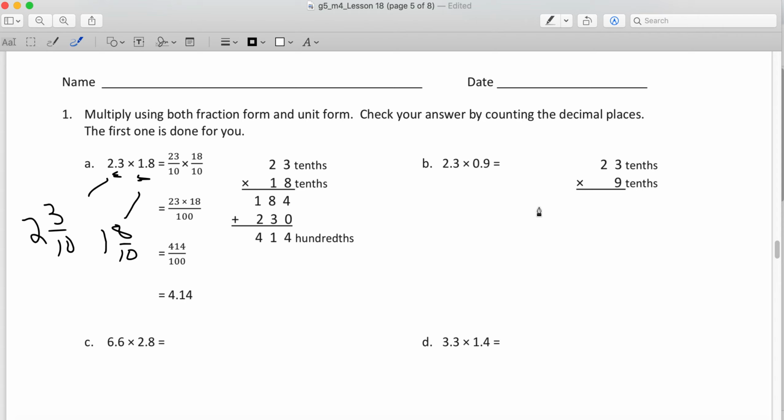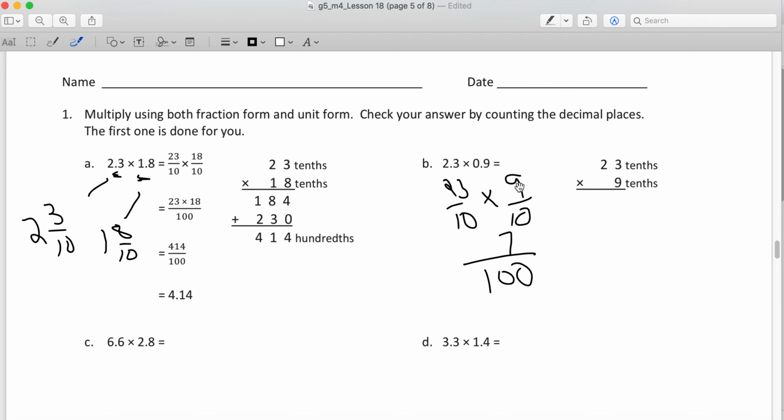Same thing here. So they didn't do this part on this one, so let's go ahead and do that. So 2 and 3/10 is the same thing as 23/10. And we're going to multiply that by 9/10. Okay, so then that becomes 10 times 10, which is 100, and then 23 times 9.